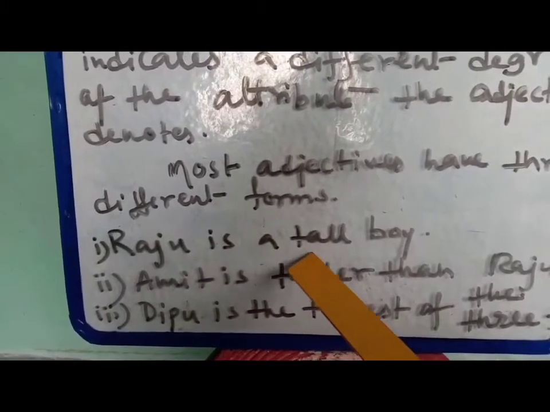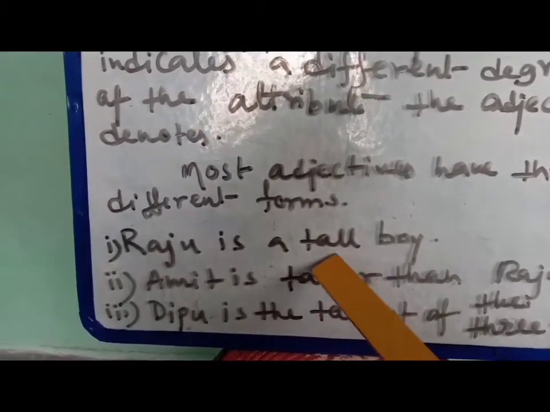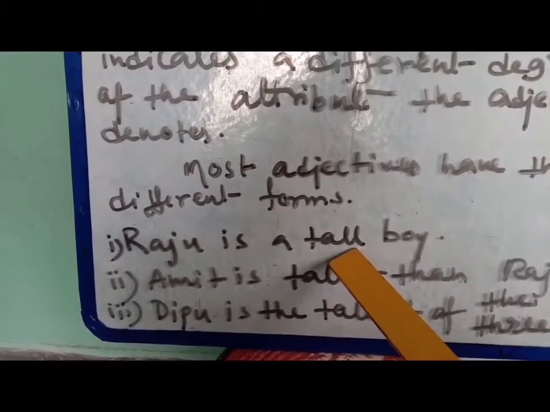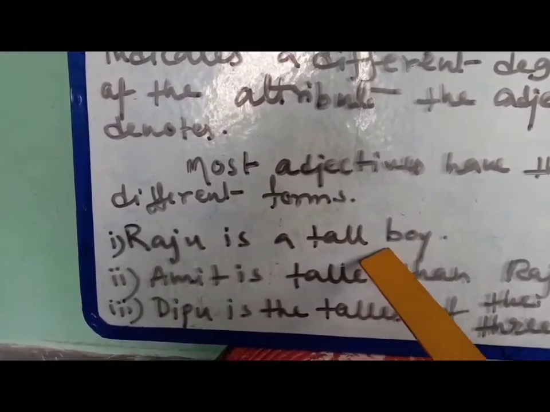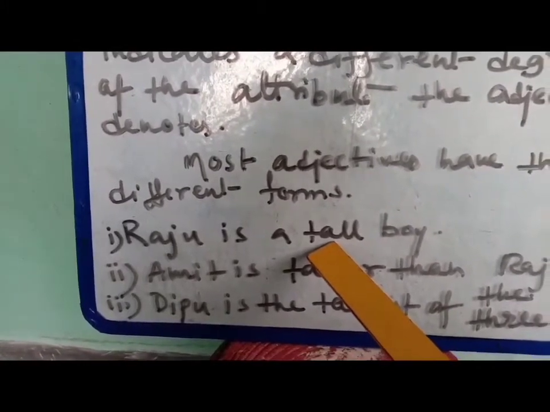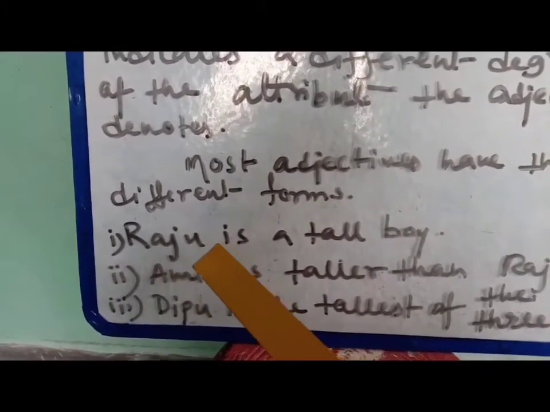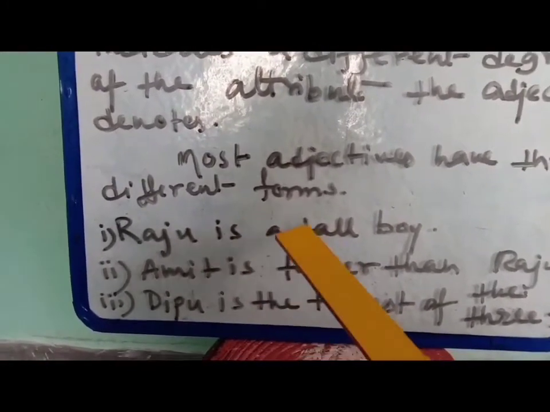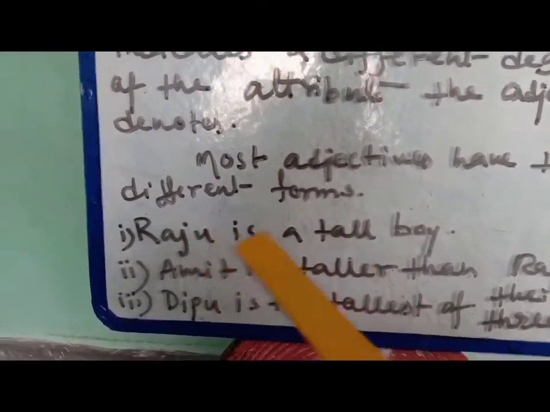This word tall shows the quality of the noun, that is the boy, so obviously it is the adjective. Here you can say this is the positive degree. The positive degree tells about the noun only.